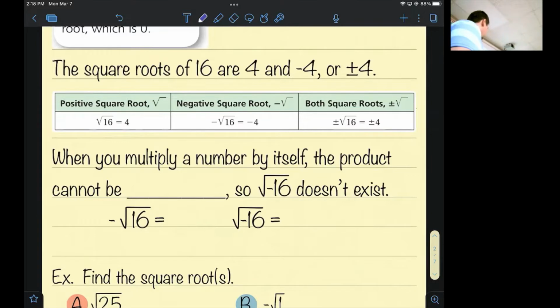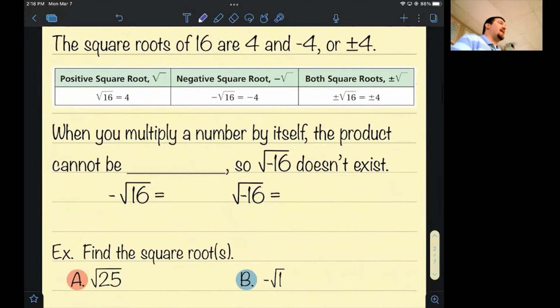Okay? So why can't you have the negative underneath the square root? When you multiply a number by itself, the product cannot be negative. So although the negative outside the square root means I'm taking the square root of 16 and then looking for the negative version, if you put the negative inside the square root, all of a sudden we get error as our answer.